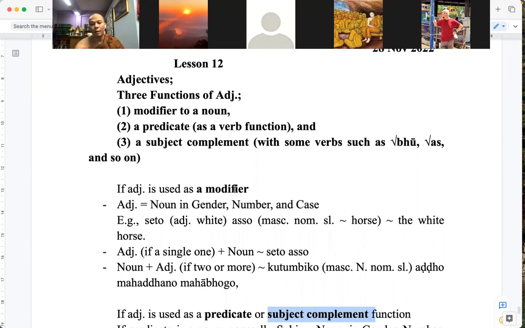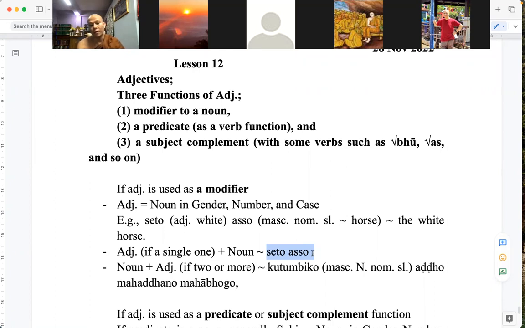So here, seto asso, a white horse, right? So what is a horse? How is a horse? A horse is white in this way. And which is white? Horse is white. They have the same reference. White also refers to horse, horse also refers to white.